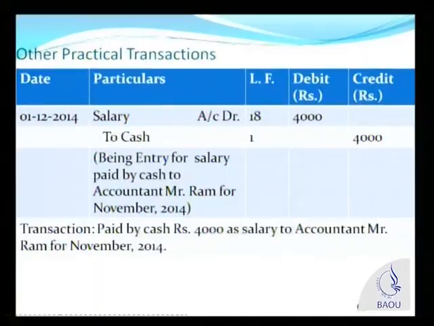With this, we conclude our discussion on journal entries, and I repeatedly keep on telling you, please practice more and more transactions out of the study material that is given to you, out of the reference books that you can lay your hands on, and you will empower yourself in terms of knowledge on journal entries.